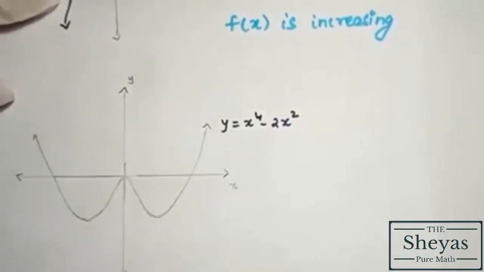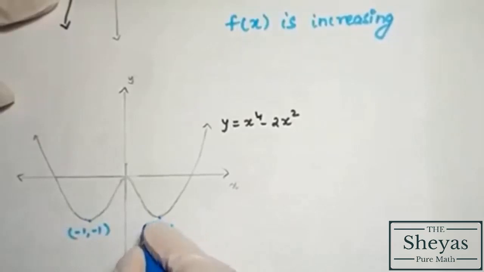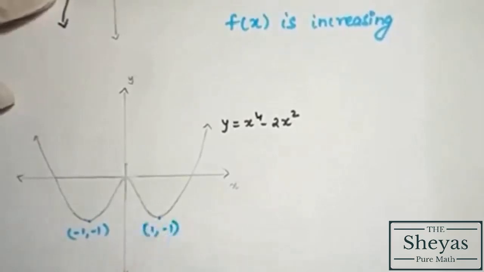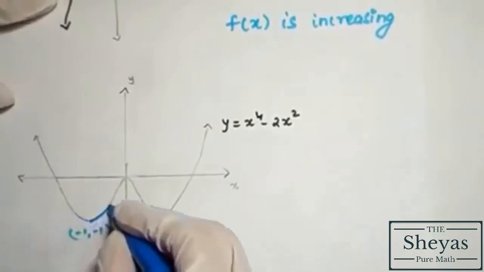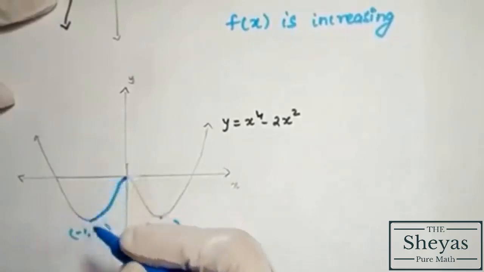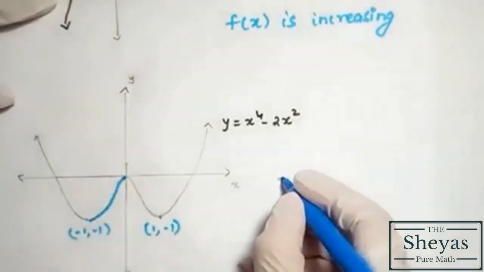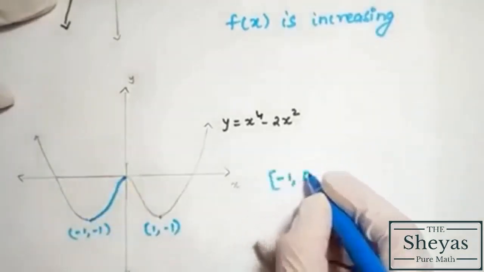See, in this graph, this point is minus 1 comma minus 1, and here this point is 1 comma minus 1. So here the graph is increasing from minus 1 to 0.